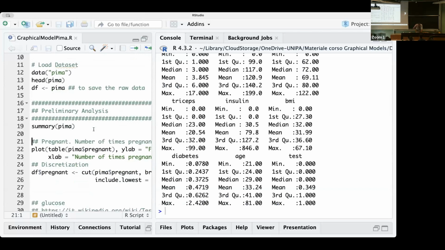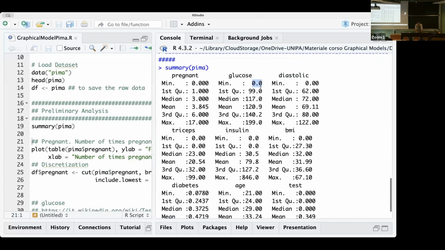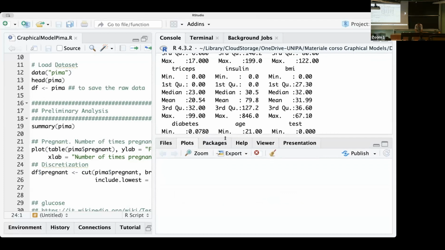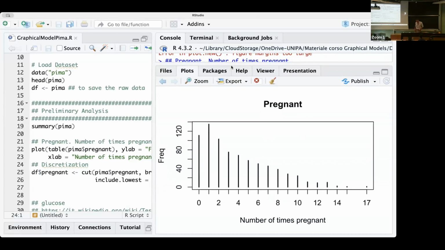You can do some preliminary analysis, to see whether there is some problem. For example, the glucose is 0, so it's a bit strange. The diastolic is 0, so it's strange. You can do some nice plots, just to see the distribution of the pregnancy. Look at this bar plot.